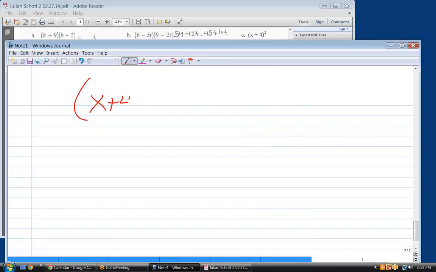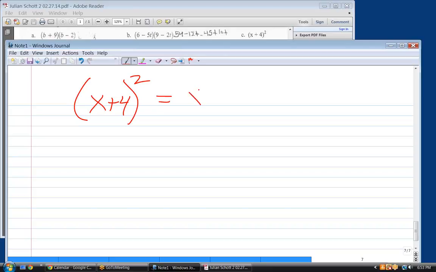About x plus 4 squared. Is it just x plus 4 times x plus 4? Yes. So go ahead and multiply those.